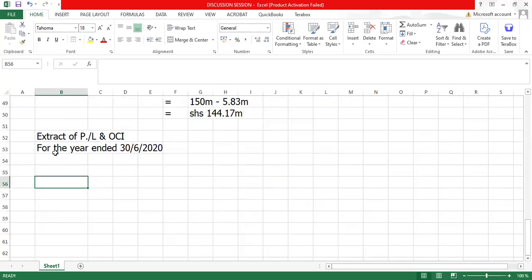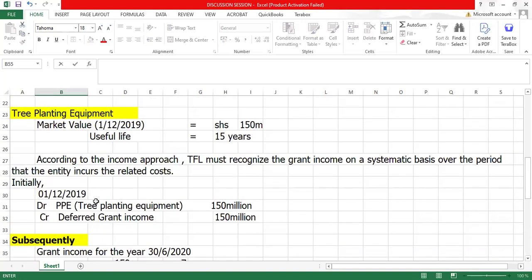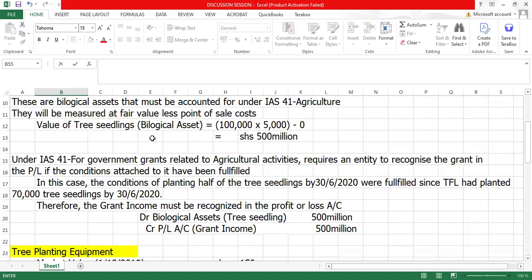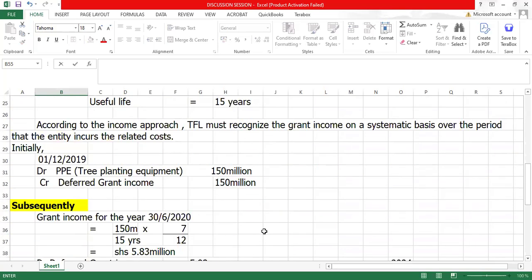You just need to put things from your information here. What are the things that are going to appear in this PL? Here you have only other incomes because grant income appears under other incomes. Okay, so under other incomes we will have the grant income. The first grant income was this one, 500 million.